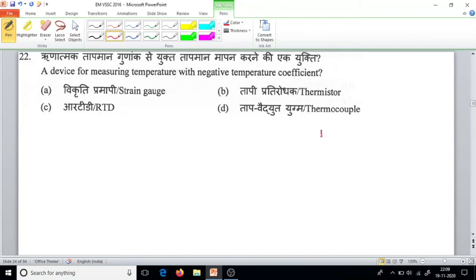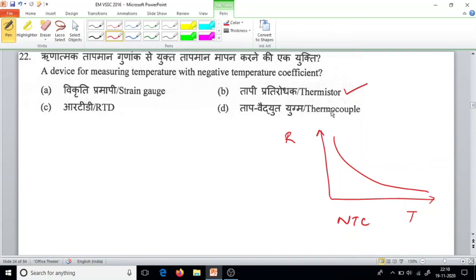Negative temperature coefficient means, if you plot a graph of temperature versus resistance and it goes down like this, it is a negative temperature coefficient, NTC. The thermistor is the device having the negative temperature coefficient property. So the answer is option B.